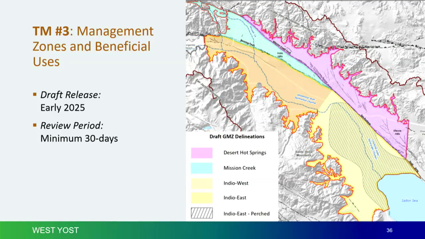Sure. So a couple different factors went into this decision. First of all, there is a shift in the overlying land uses to more agriculture as you move to the east. That was one consideration. Another consideration is the complexity of the hydrogeology changes.